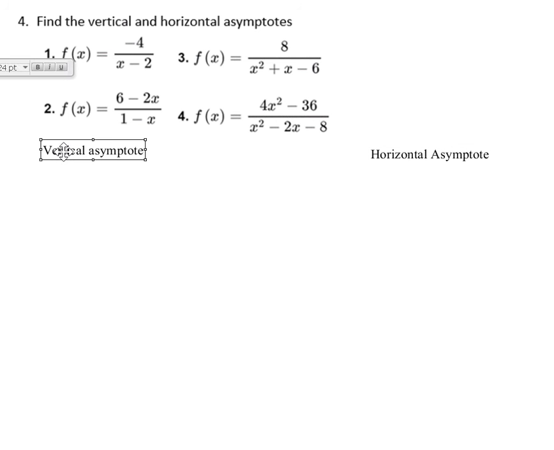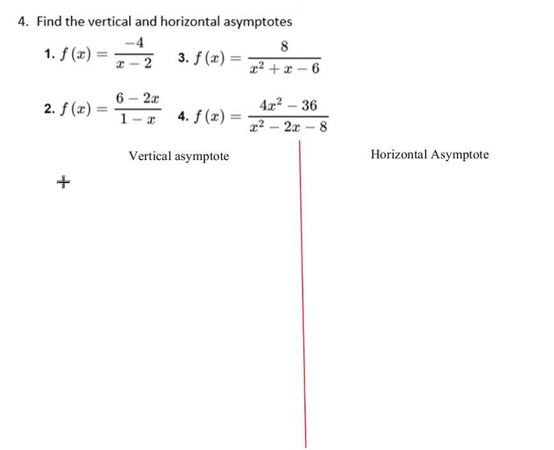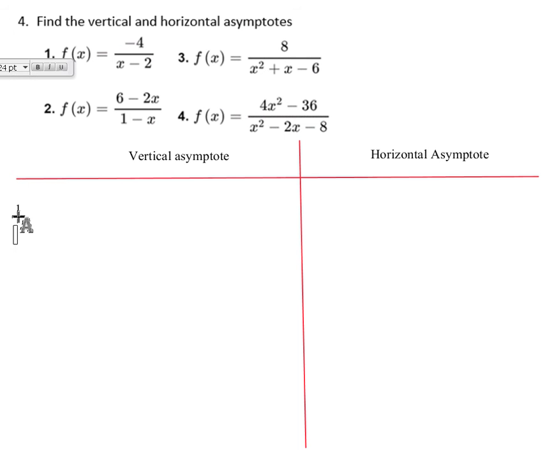This might be the best way to organize it so that it's nice and easy to understand. And then, no, I want this. 1, 2, 3, 4. And I might just move them a little bit.